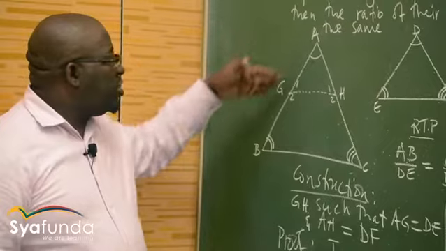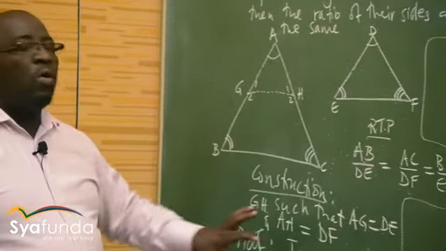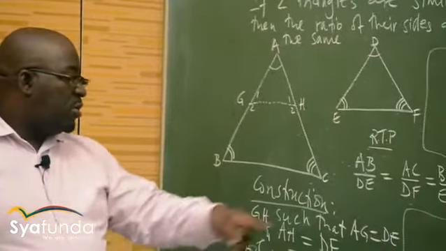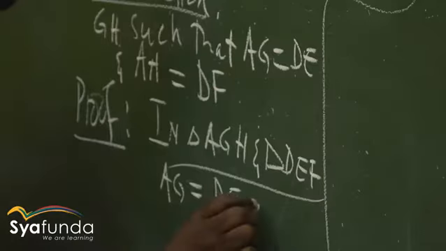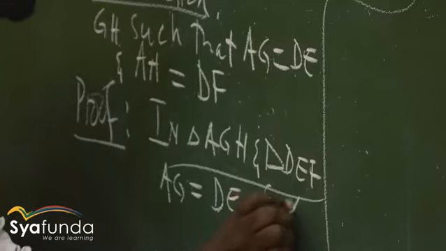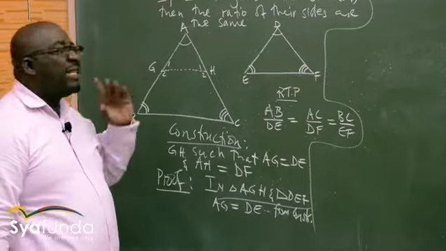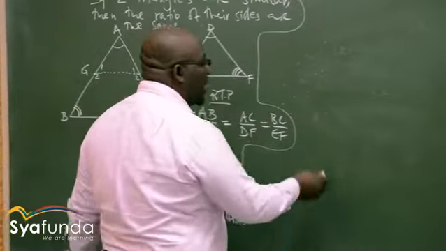Why do you say AG is equal to DE? From construction. Remember, we constructed such that AG is equal to DE. So we got this information from our construction. Right, that is a side.